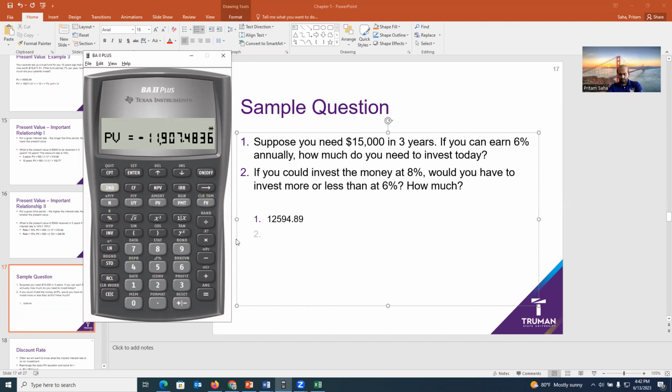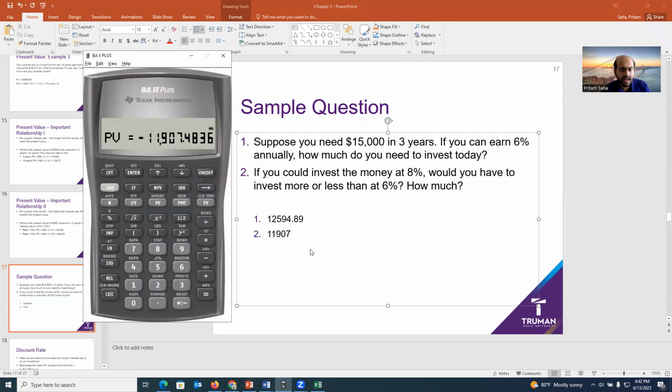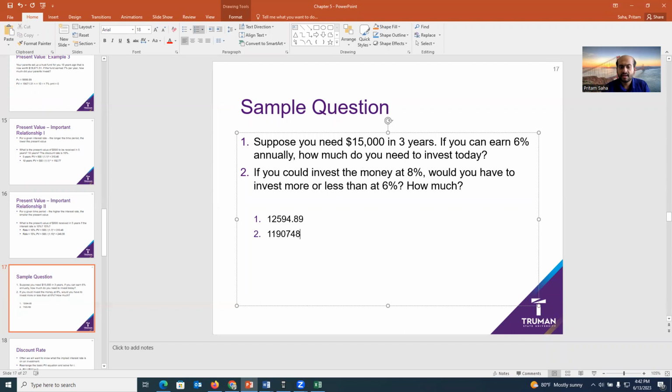So 11,907.48. Yes, you will invest less. How much? The difference is around $686, I believe 41 cents.